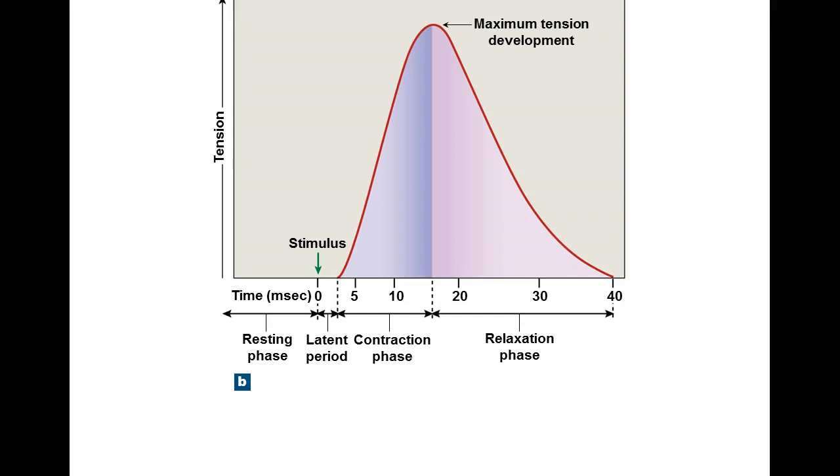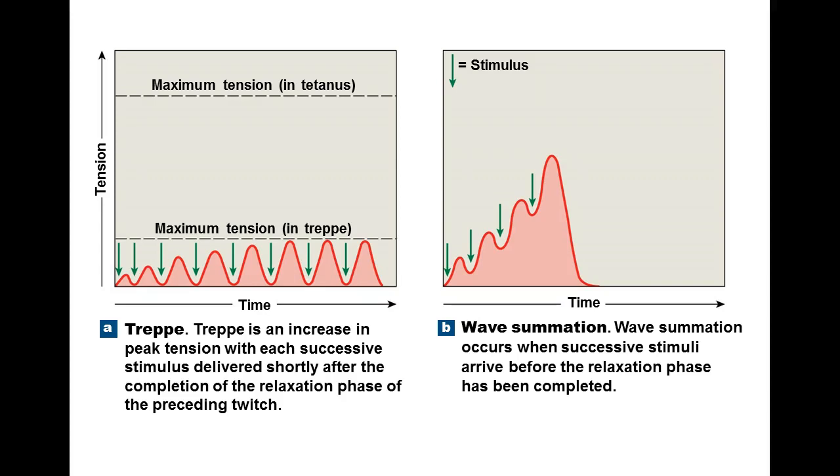But that isn't possible during the resting phase. You have to wait for the stimulus and the latent phase to allow another contraction. It doesn't normally happen. I don't want to say it's not normally possible, because you do have some abnormal normals.